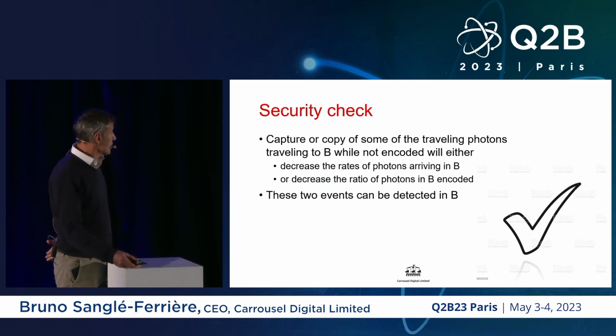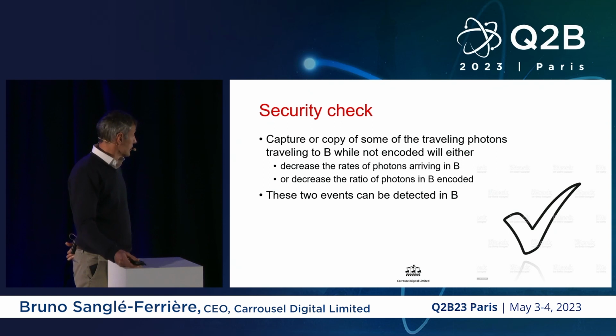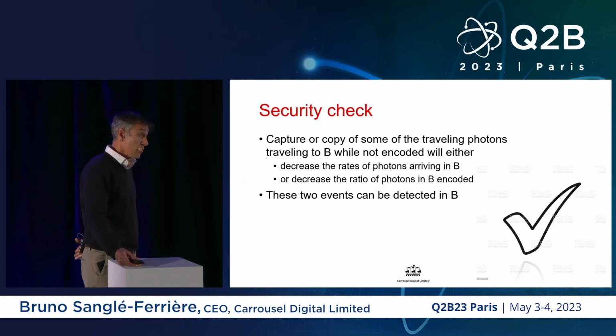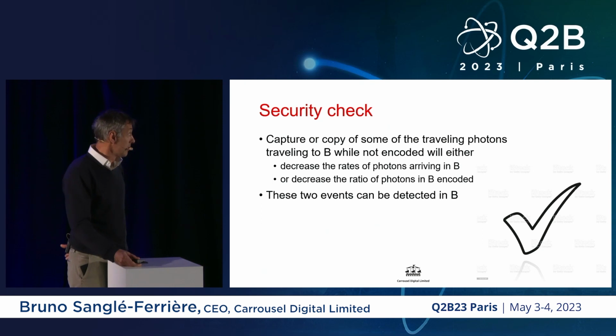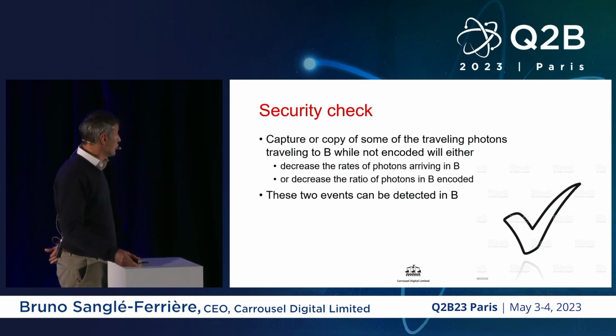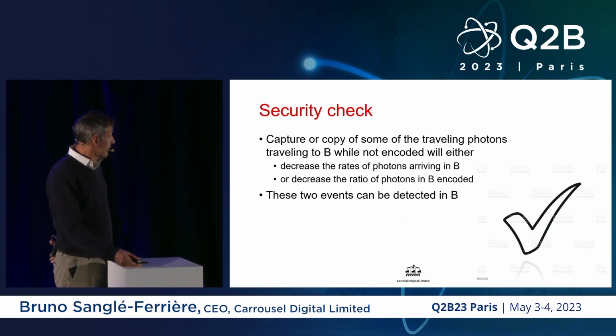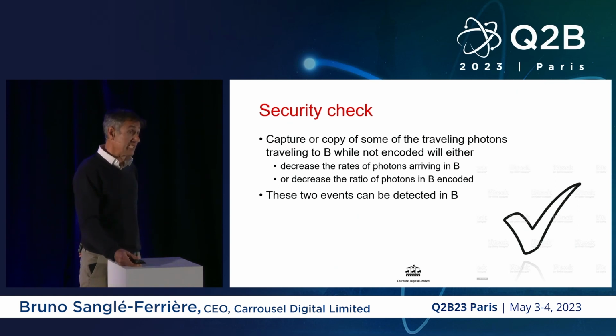Now we can bring in some security checks, and this is made out of 2 slides. So there are 2 ways we could imagine someone trying to spy on the message. One would be to capture some of the traveling photons while they are still entangled, and the other one would be to amplify and to duplicate some of these photons traveling to B. So if some of these photons are hijacked, there won't be enough photons arriving in B to detect the code.